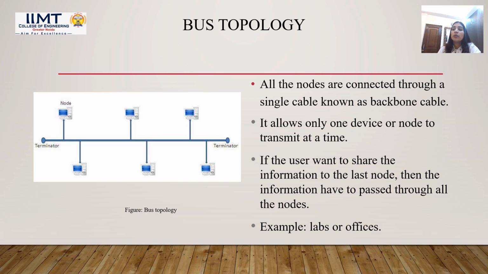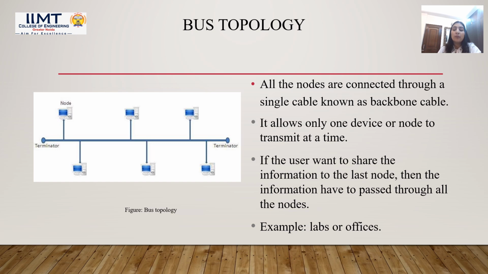Only one node is allowed to transmit at a time. If a user wants to share information to the last node over the network, all nodes available in the network will receive the information whether it has been addressed to them or not.